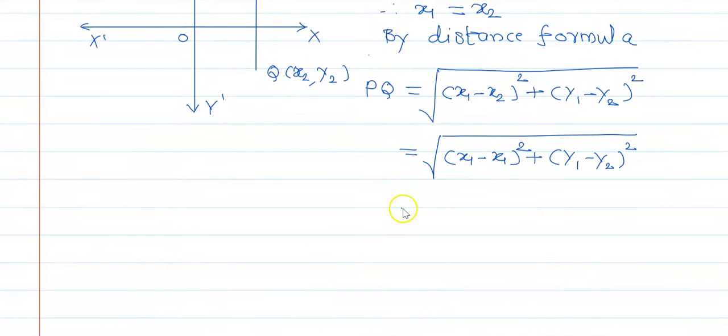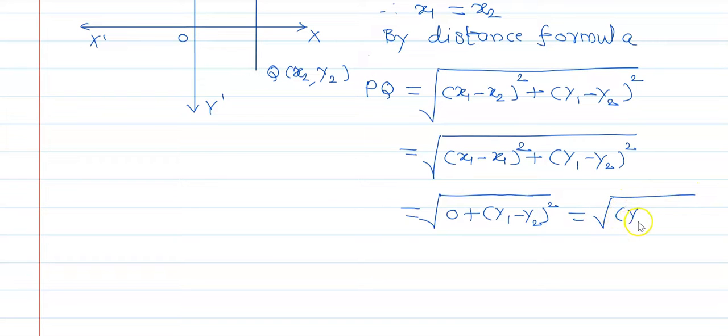Overall, here you will get 0 plus (y1 minus y2) whole square, and that is the root of (y1 minus y2) whole square.